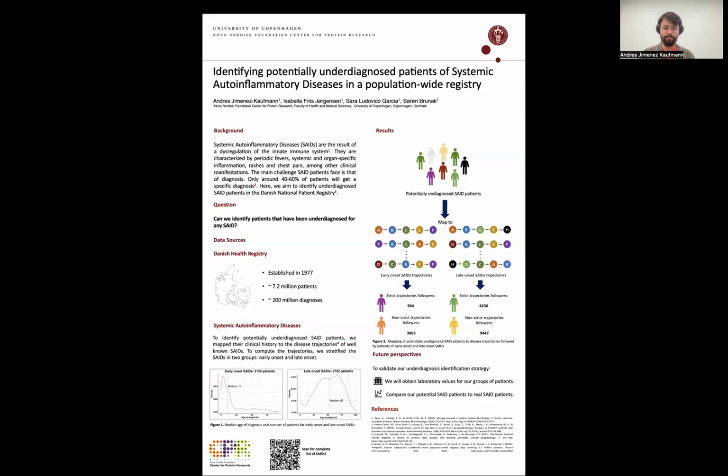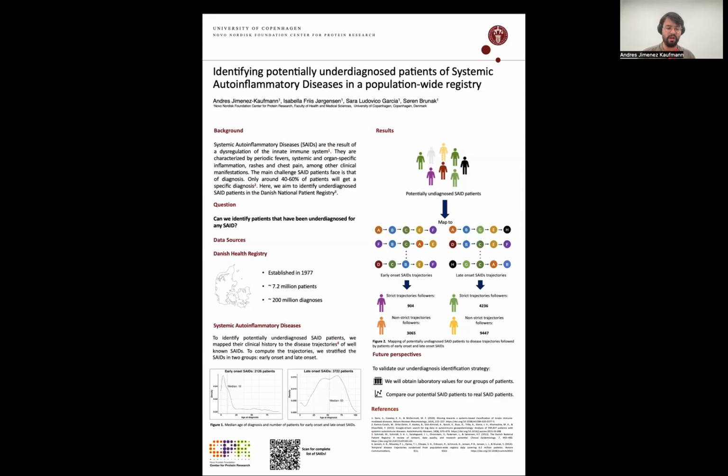So to do this, I took a list of SAIDs that you can consult by scanning the QR code in the bottom of the poster. I stratified these SAIDs into early onset and late onset.